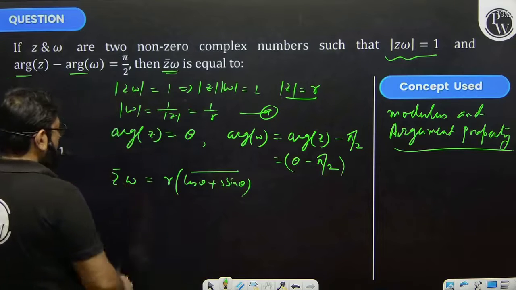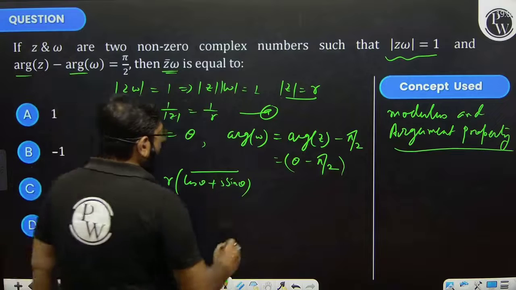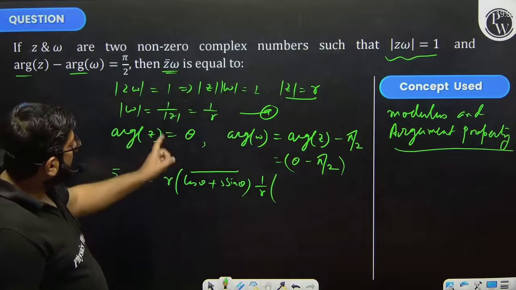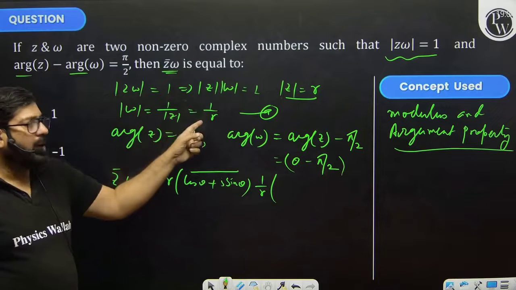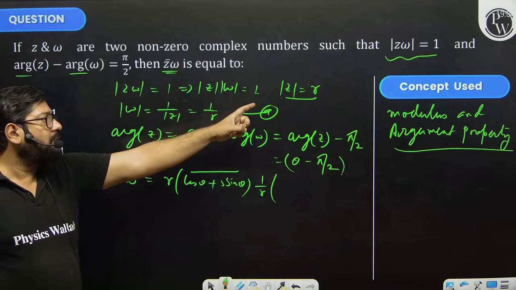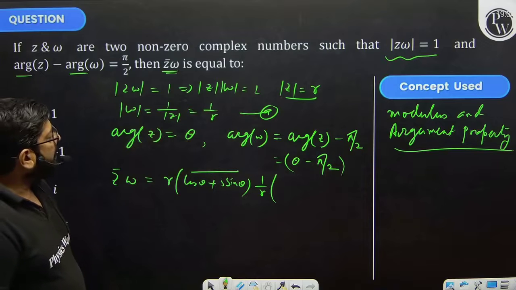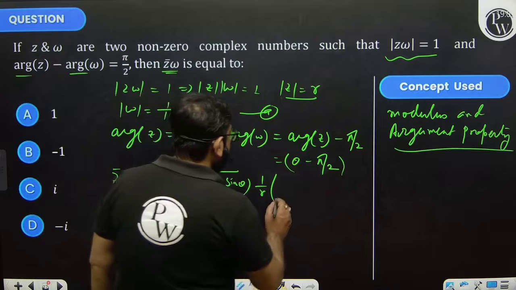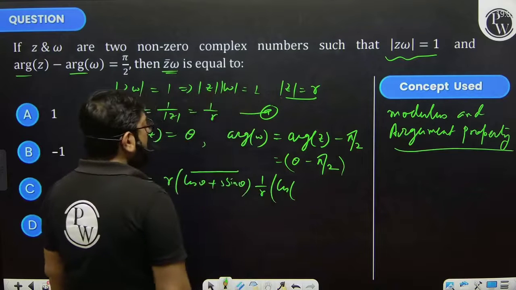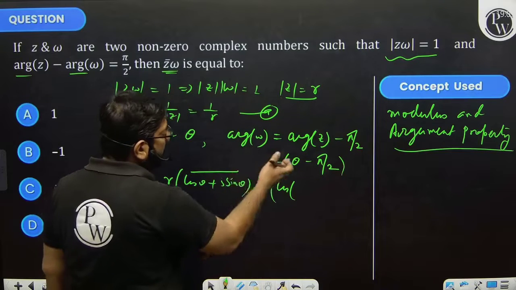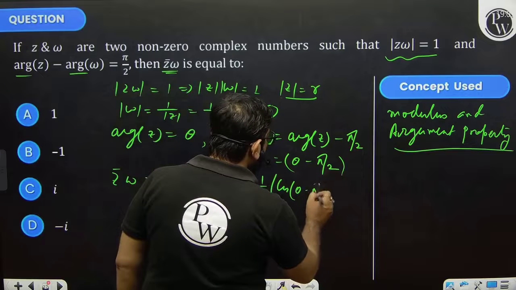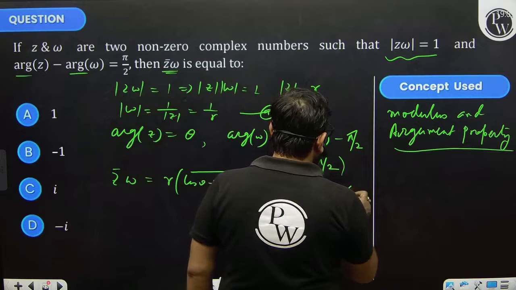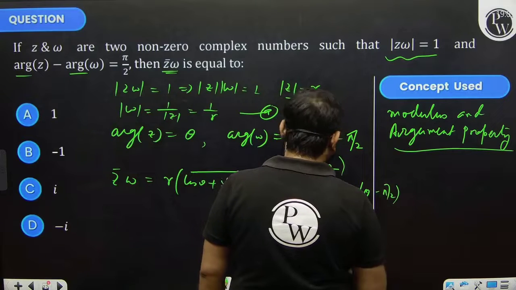Conjugate of z has modulus r, and in place of w we write 1 upon r because the magnitude of w is 1 upon r if the magnitude of z is r, since mod z into mod w is 1. And the argument of w will be theta minus pi by 2, so we write cos of theta minus pi by 2 plus iota sine of theta minus pi by 2.